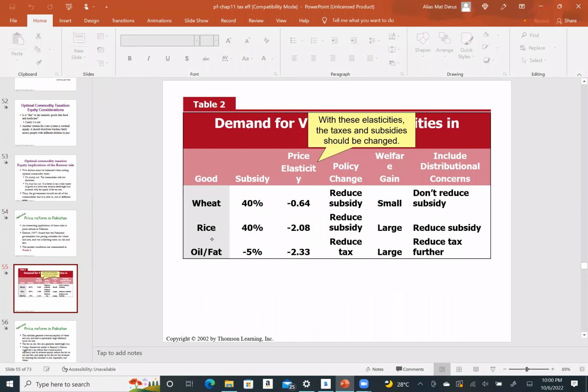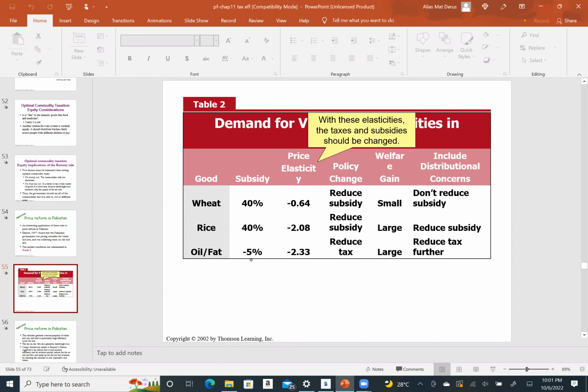Wheat, rice, oil, and fat. Now you look at the price elasticity, and then you look at the current policy. Wheat and rice are subsidized. Oil and fat have negative subsidy, which means tax.